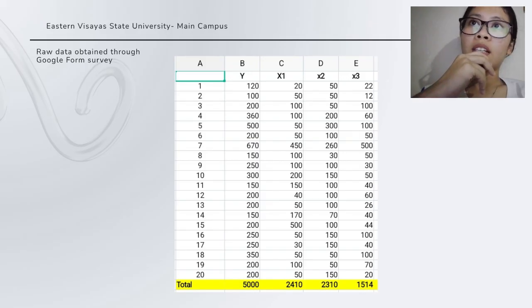X sub 1 is our transportation cost, x sub 2 is our food expenses, and x sub 3 is our academic expenses. So we got the values from those 20 students in the survey. Then, we compute the sum.